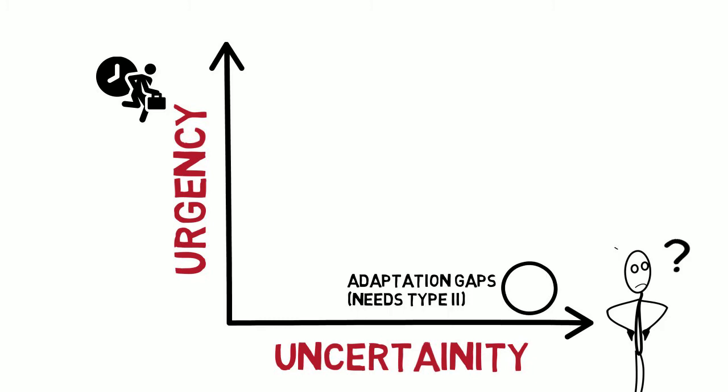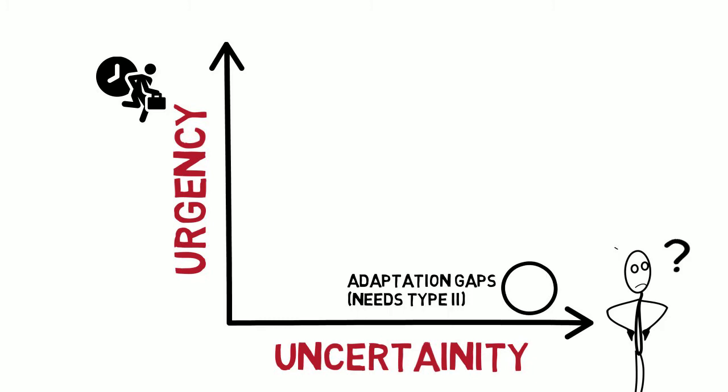Because by definition, we are dealing with adaptation to the future situation. So we have a little bit of a slack regarding time. However, we cannot predict the future accurately, so we are beset with a lot of uncertainty.